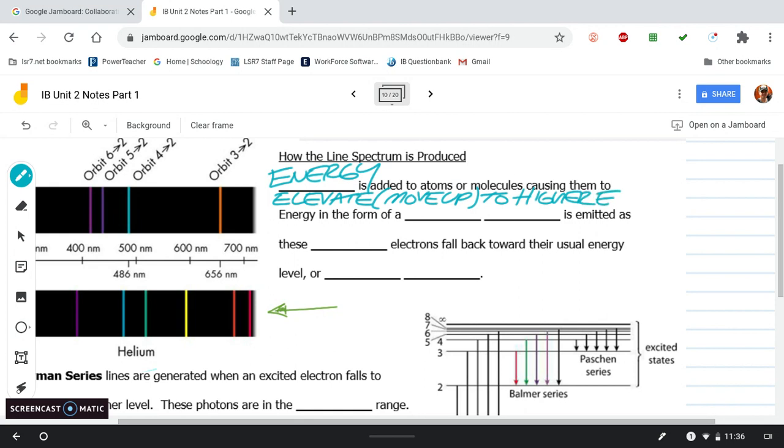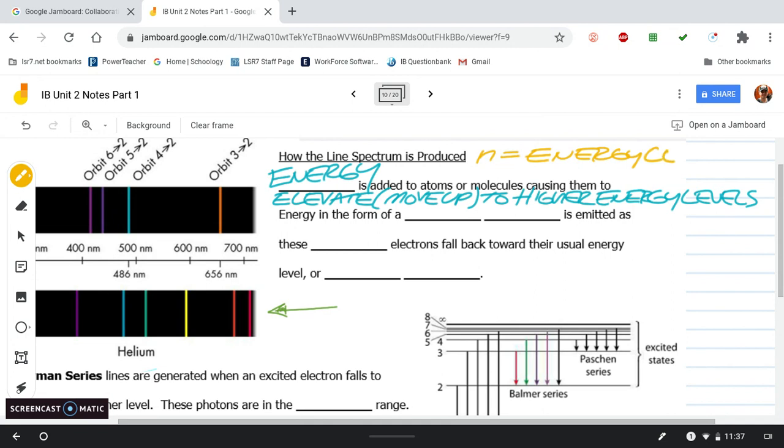So think about maybe going from energy level 1 to energy level 2. The way that IB writes energy levels down is as N. So N is going to equal an energy level.